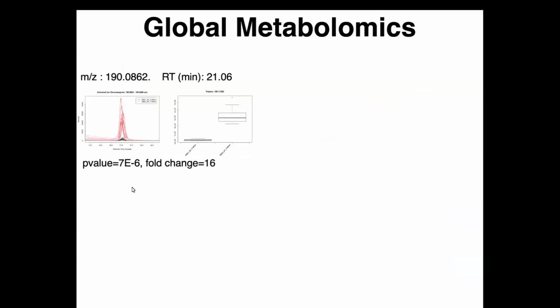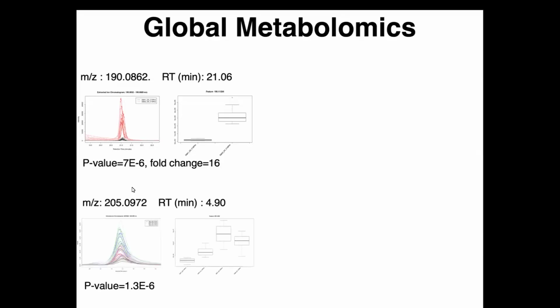Here is a significant dysregulated feature from pairwise comparison, DBA1 day 5 and DBA2 day 5. This feature had m/z 190 at retention time 21 minutes, a p-value of 7 times 10 to the power of -6, and a good fold change of 16.